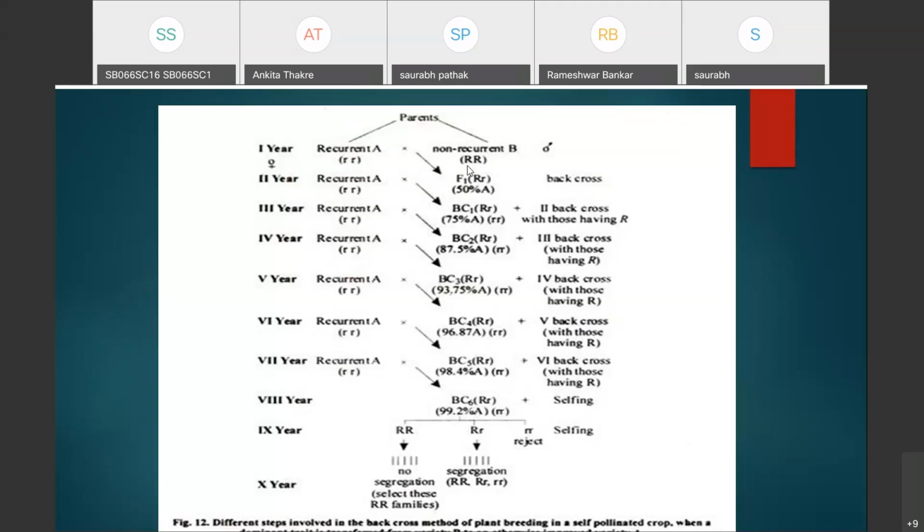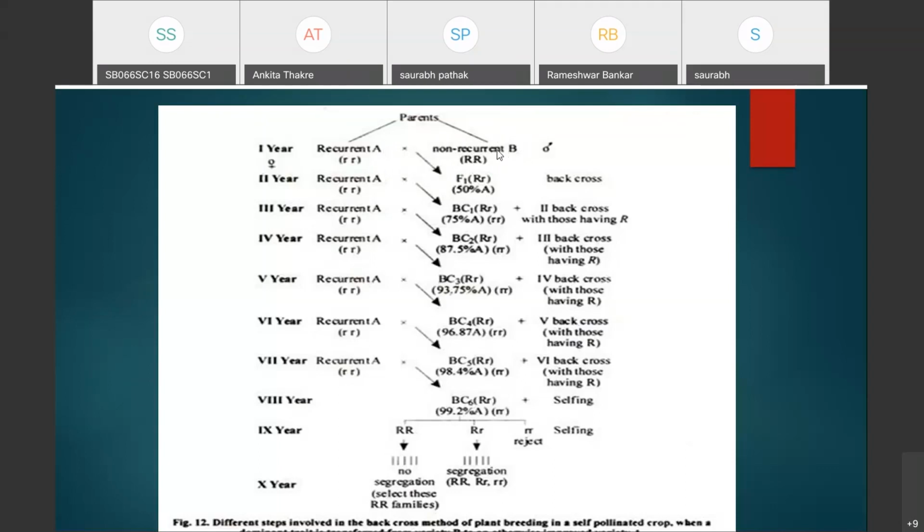As this non-recurrent variety transfers the disease resistance from the B variety into the A variety, it is also referred to as the donor plant. It is donating its good character, its disease resistance capacity, to the A parent. That's why the A parent is also referred to as the recipient parent, and the B parent is referred to as the donor parent.